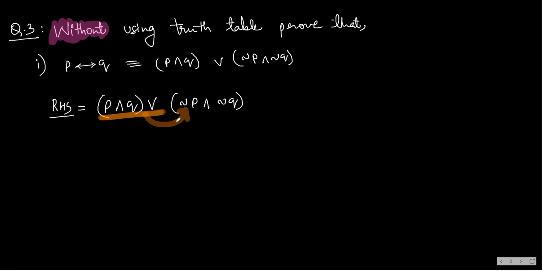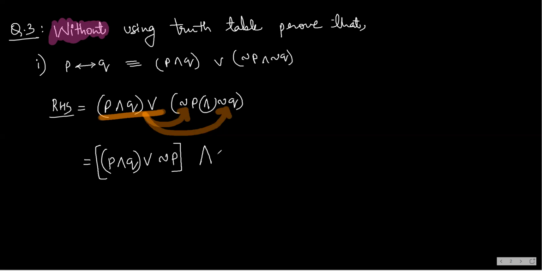So what we will get next is P and Q or negation P, and in between it is and, then I have P and Q or negation Q. Now we will go for another distribution, from the right.